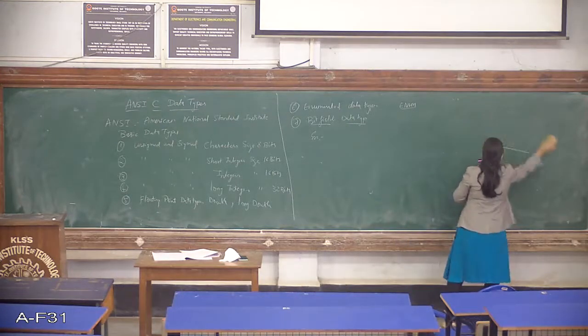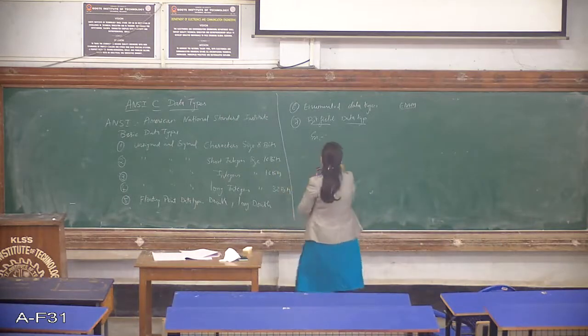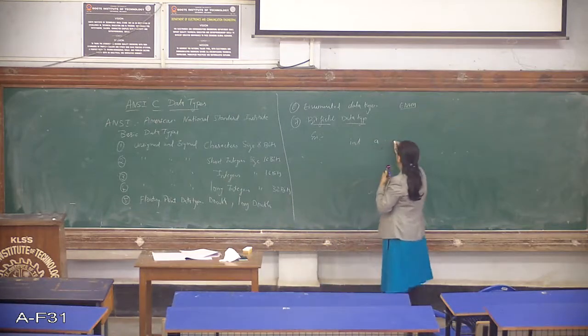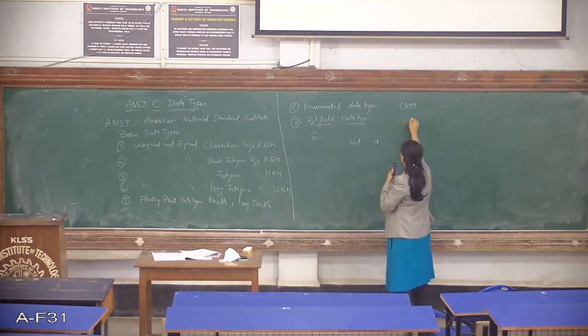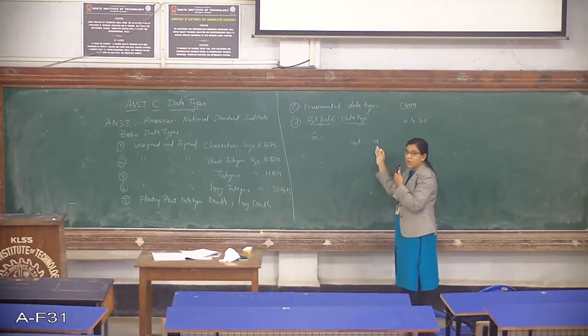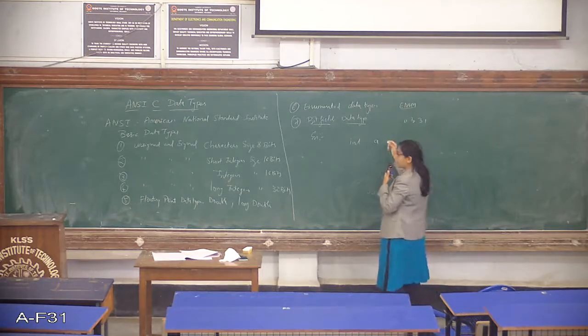I can just mention how many bits are allocated. For example, I can write int a : 2. Suppose the number is between 0 to 31. So if it is 0 to 31, how many bits are required at maximum to represent 31? It is nothing but a maximum of 5 bits.